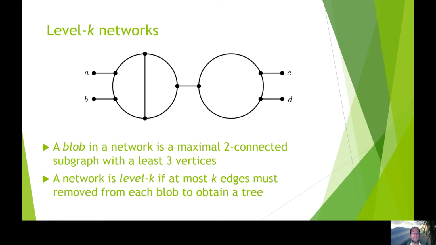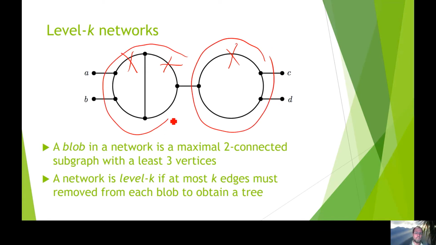So why is this a level 2 network? It's because we can remove this edge here, for example, and this edge here, and this edge here, and we'll get a tree. So we've removed at most 2 edges from each of the 2 blobs. So here are the blobs, and we've obtained a tree. So it's level 2.